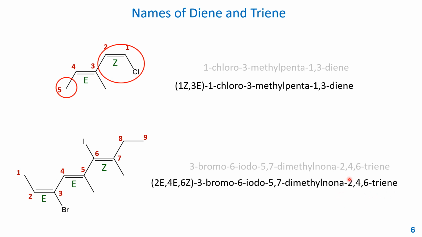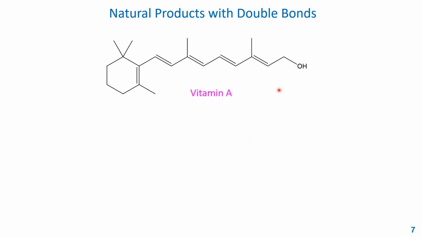Okay, in the last minutes I will talk about some natural products with double bonds. For example, vitamin A. You need this every day. You see a lot of double bonds here, and it's an alcohol. Let's look at the Z/E configuration of these double bonds. For this one, on this vinylic carbon we have methyl and a methylene with more carbon, so this is a higher priority than this.